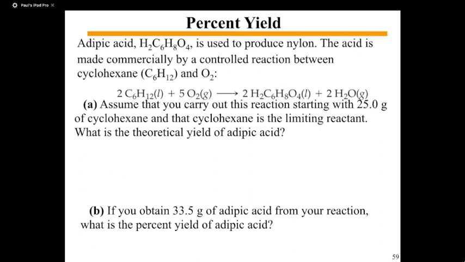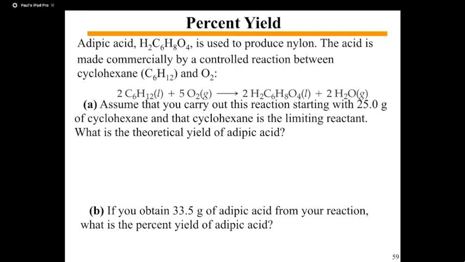So the reaction of C6H12 plus oxygen, we're going to burn it, creates a compound plus water, a very long compound, the acid itself. Assuming that you can carry out this reaction starting with 25 grams of the cyclohexane, which is C6H12, and that cyclohexane is the limiting reagent, what is the theoretical yield of the acid?